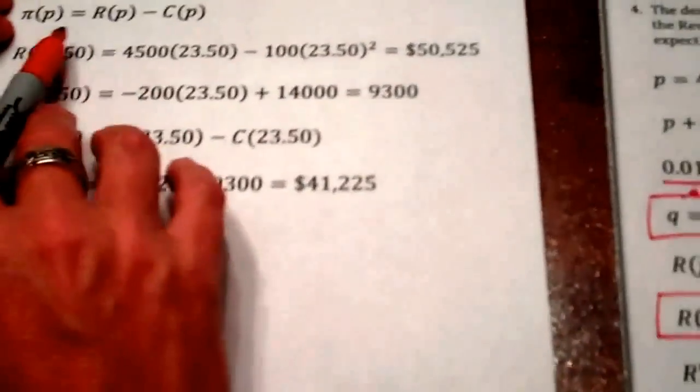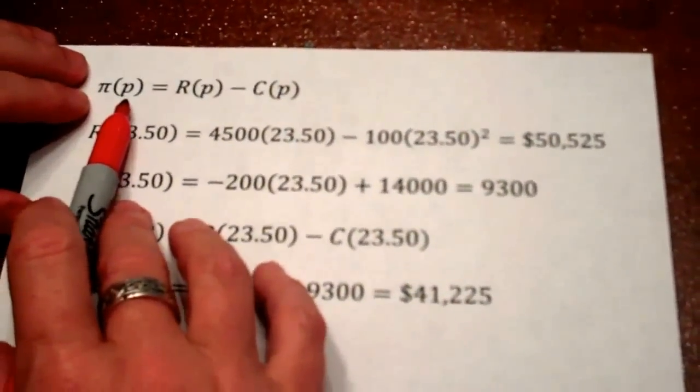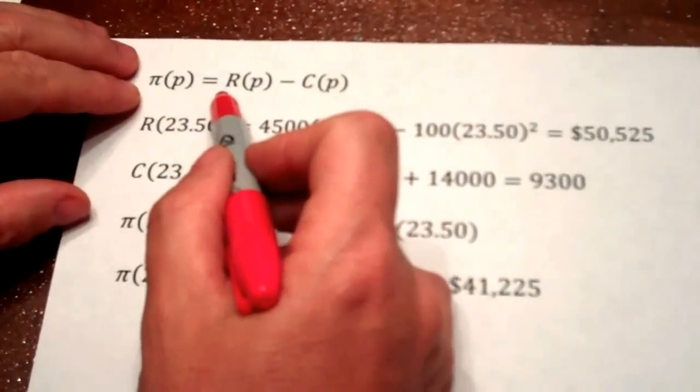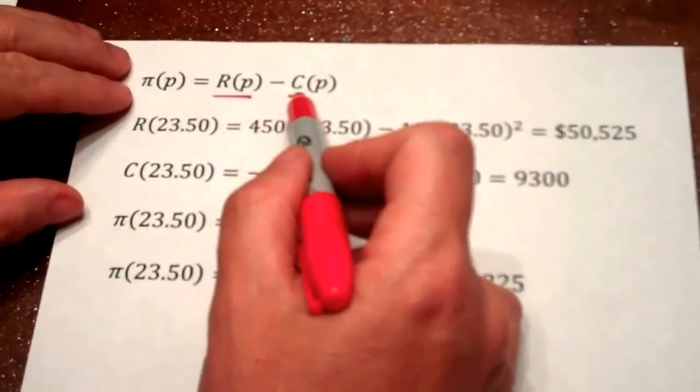Now, let me show you one other way I could have approached this answer once I knew where the maximum would be. Recall that if you want the maximum profit, you merely have to take the revenue and subtract the cost.